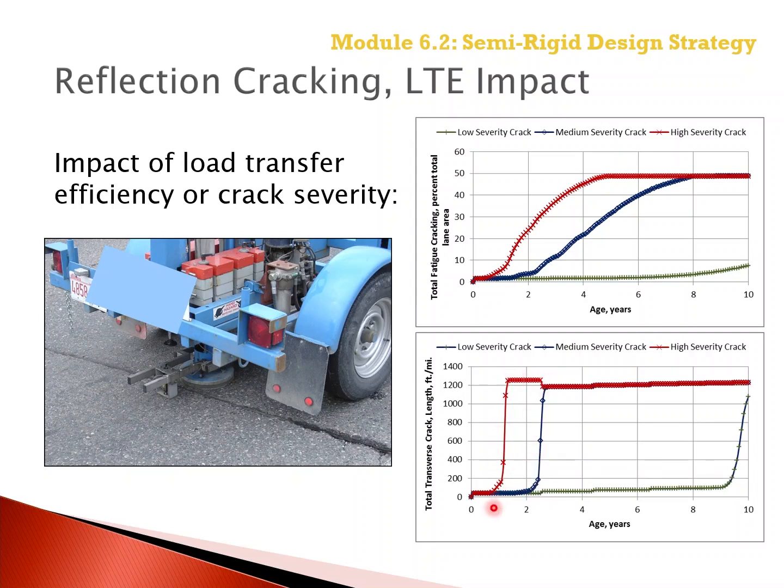And then the red is a load transfer efficiency of 40% or less for a high crack severity. So you can see that the transverse crack length predicted by the software is heavily dependent on the load transfer efficiency.